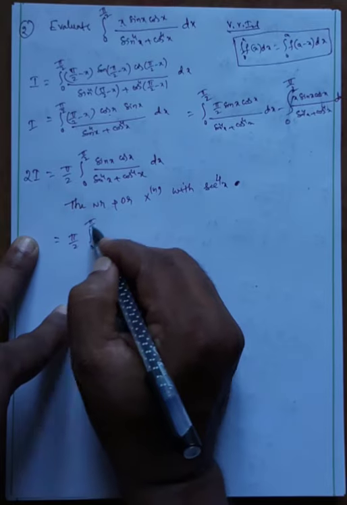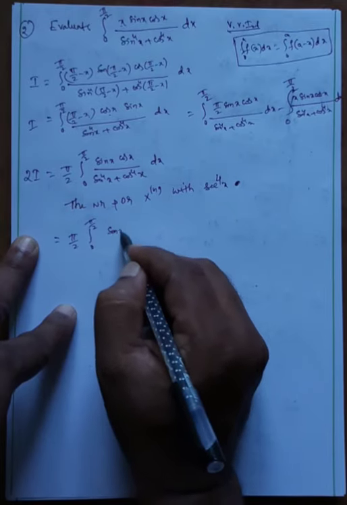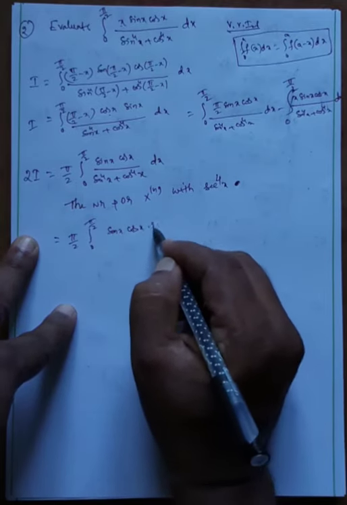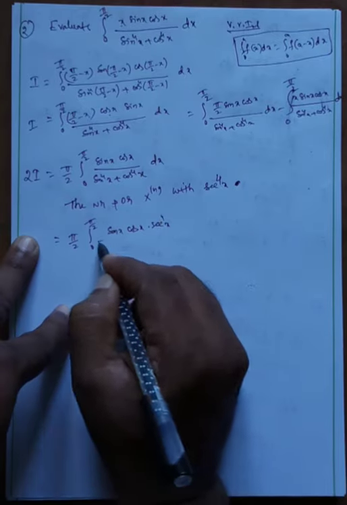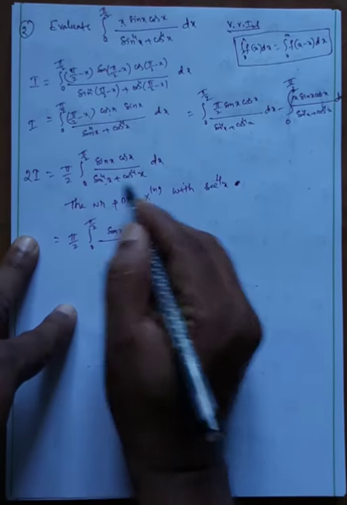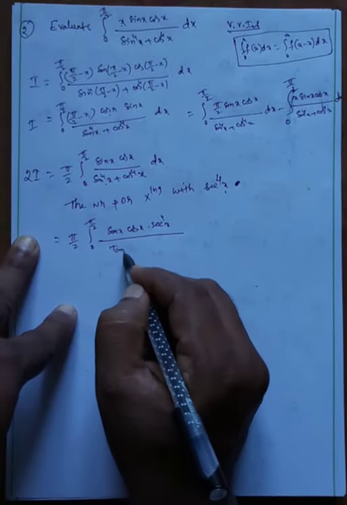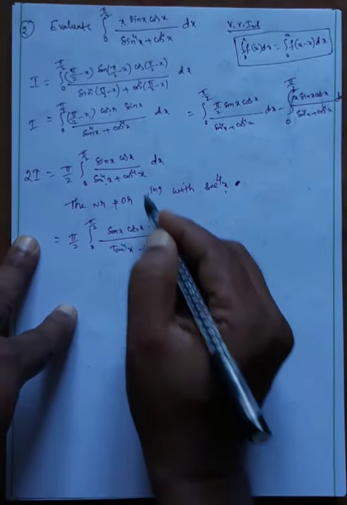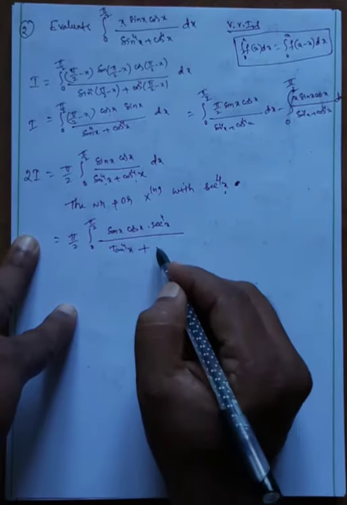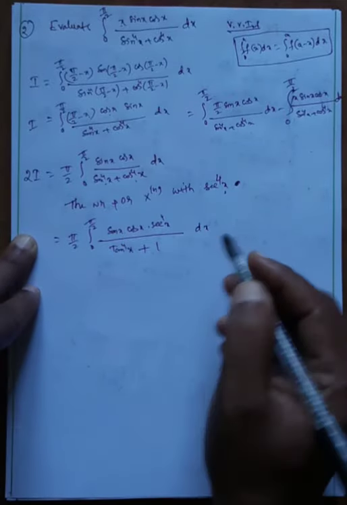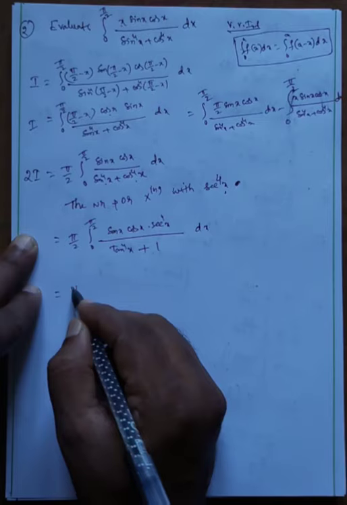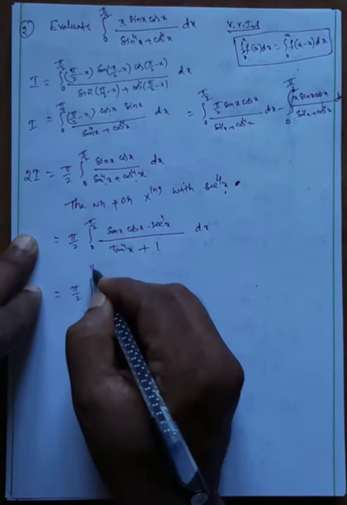0 to pi by 2 sin x cos x into secant power 4x by, here sin power 4 by cos power 4, multiply, that is tan power 4x plus here cos power 4 into secant power 4, 1, here dx. Now the numerator will be written as pi by 2 into 0 to pi by 2.